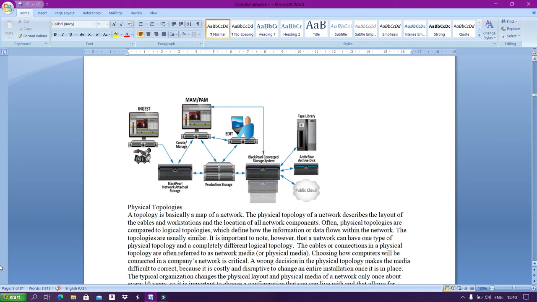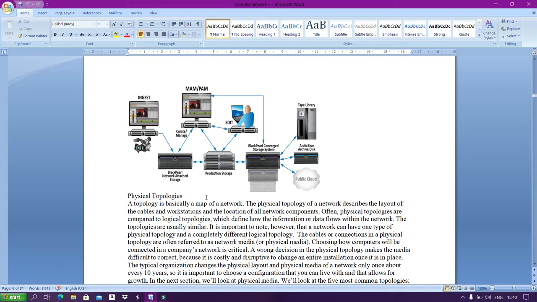So I suppose this would be an example of network attached storage. Here you see the servers, and here's the network attached storage device.